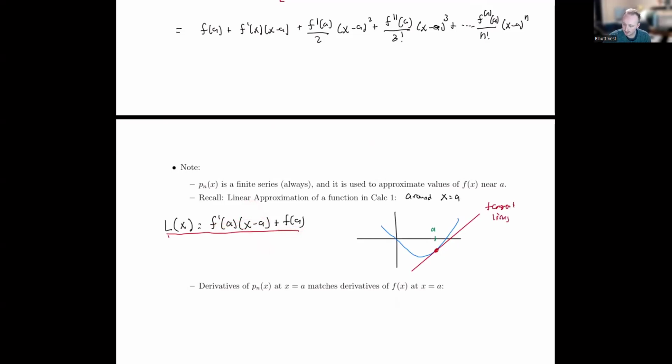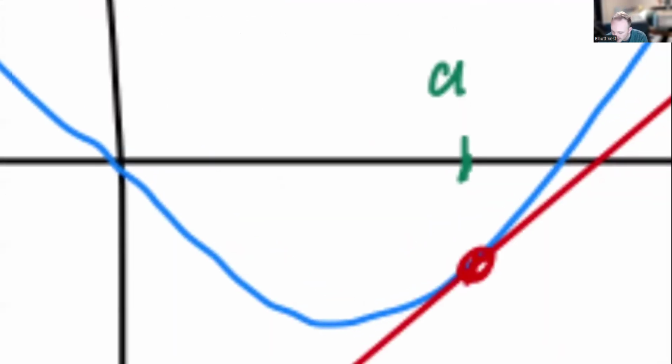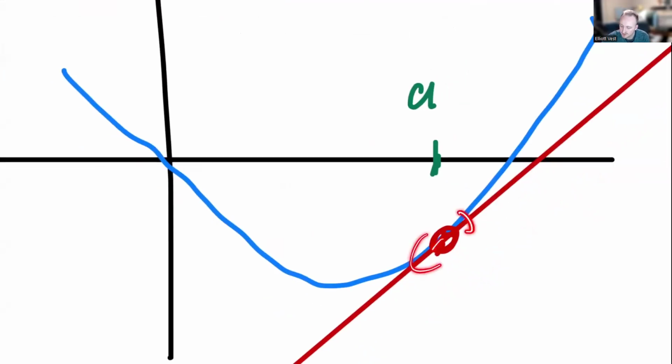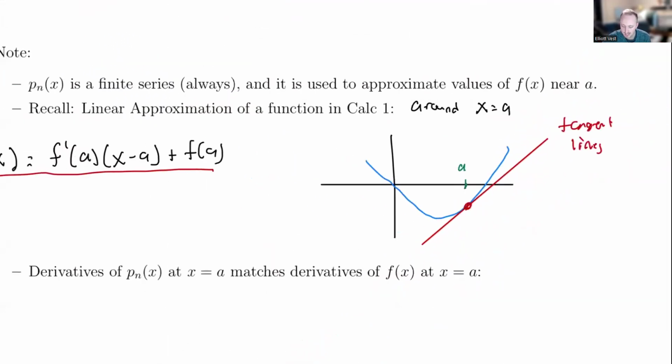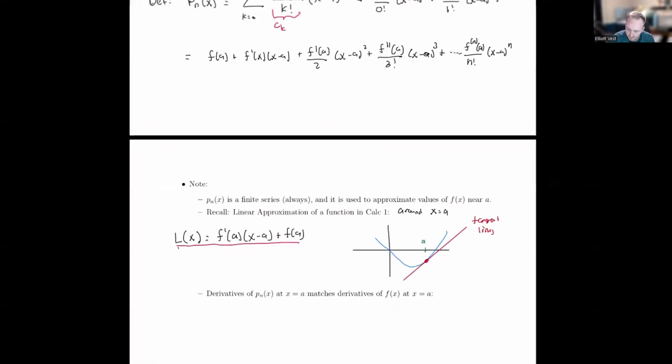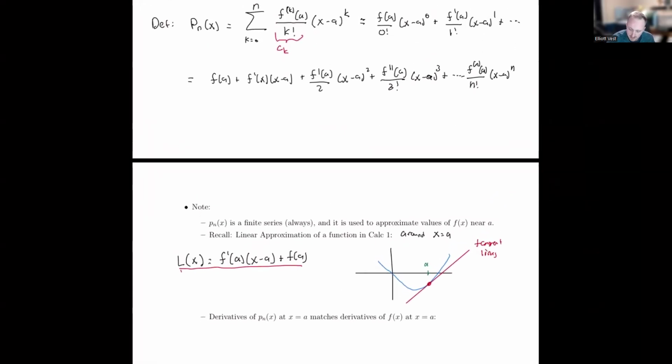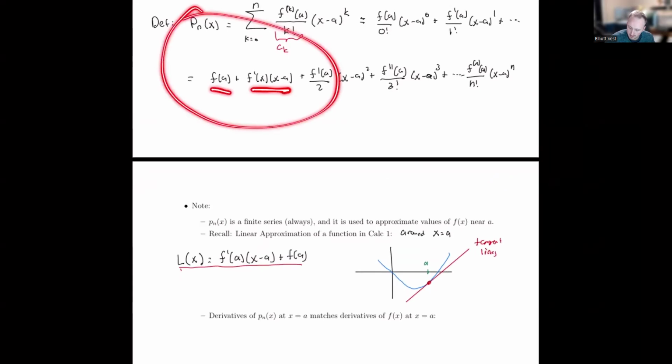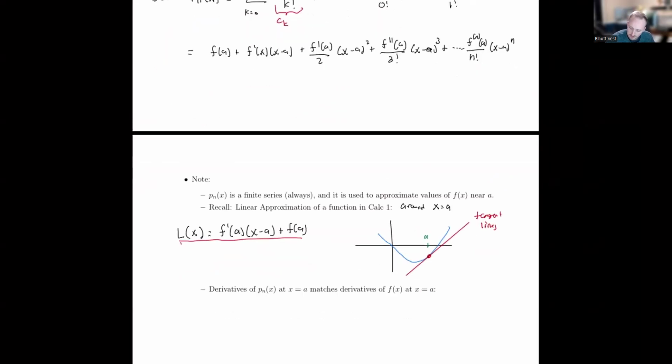And if you remember, your tangent lines, if you zoom into here, looked pretty close to a good approximation around that point you were centered at. What we're doing in this chapter is extending this. Here we only went up to the first derivative, and note if you look at the first two terms of Pn, oh my gosh, that's exactly what we have here.